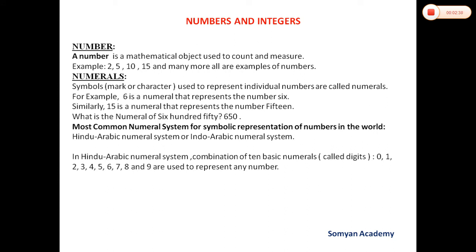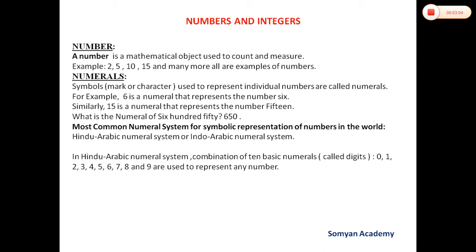These are called the Hindu-Arabic basic numerals: 0, 1, 2, 3, 4, 5, 6, 7, 8, 9. These are the digits that are used in the Hindu-Arabic numeral system or Indo-Arabic numeral system.